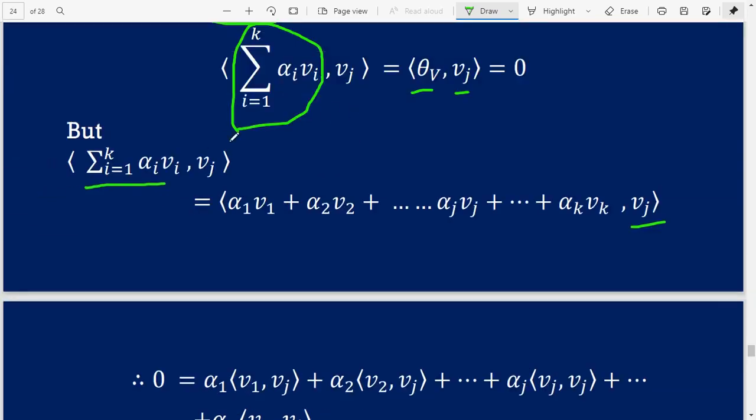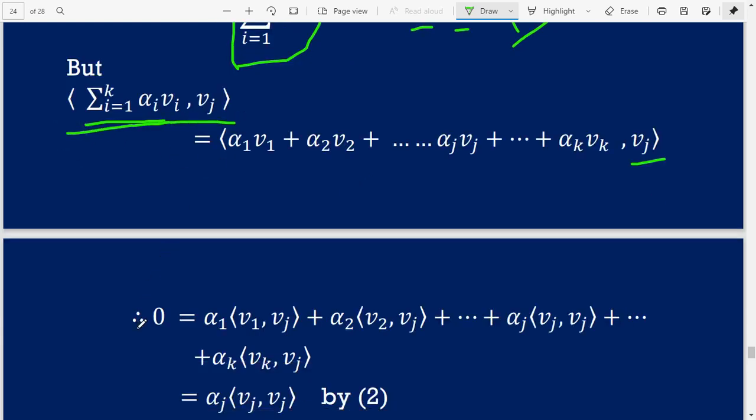So this is equal to 0. Common out alpha 1: alpha 1 inner product v1 with vj plus alpha 2 inner product v2 with vj plus up to alpha j vj with vj plus up to alpha k vk with vj.